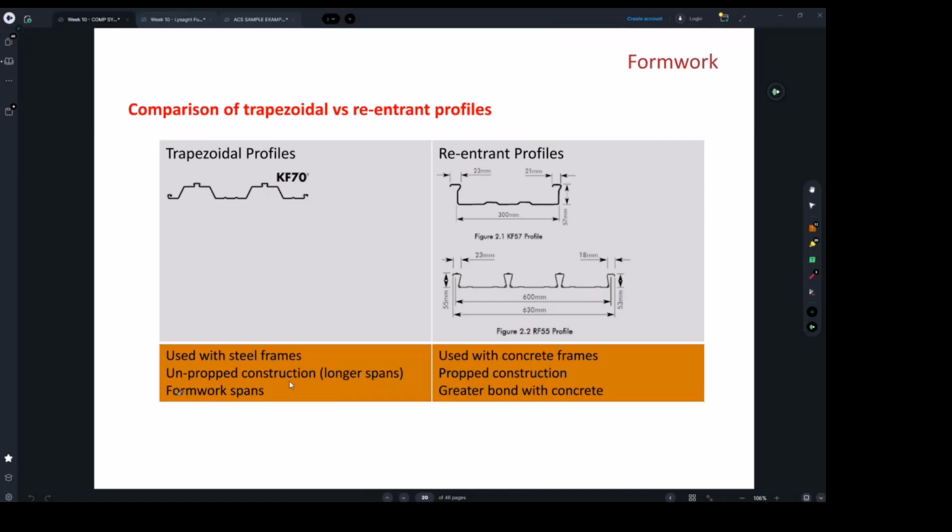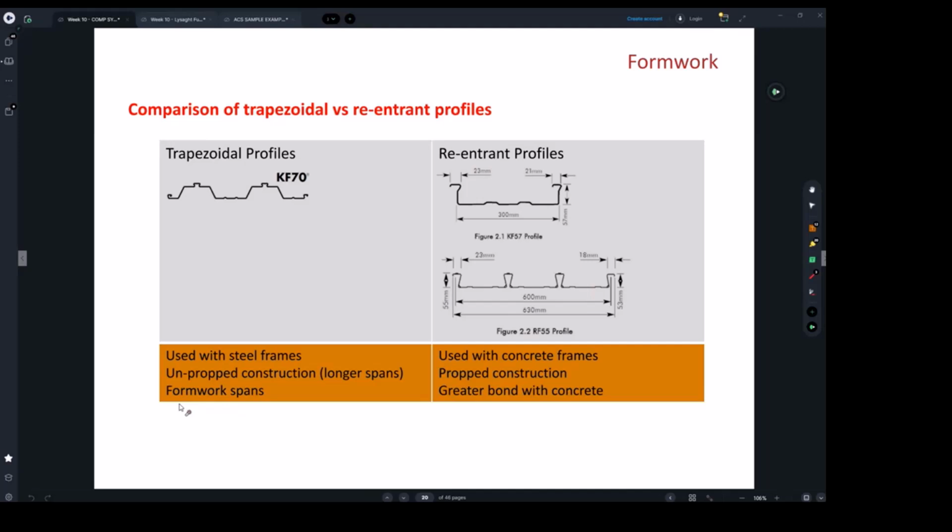In this case, we're going to be using this heavy duty deck, because it can span longer spans in unpropped construction. If you are stuck in situations where you can't really prop, you are building over a bridge, sorry, over a river, or over another canal, or the ground is far away from you, then think about using these types of decks.